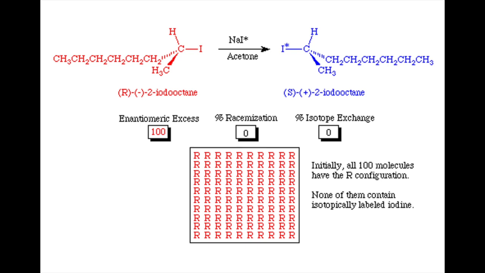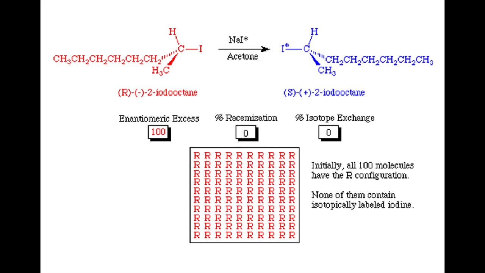We're starting with essentially pure R iodooctane, 100% enantiomeric excess, no racemization, which is to say the optical rotation is measured to be its maximum, and no radioactive iodooctane yet.